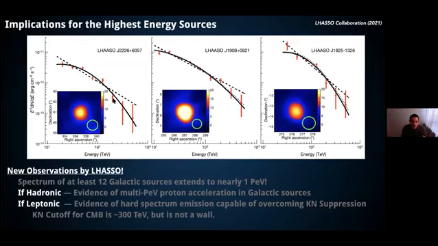So they now have 12 sources with fluxes above hundreds of TeV and a few pushing the PeV gamma ray bound. So if this is hadronic, this is now 10 PeV proton acceleration. If it's leptonic, it's again pushing the bounds of what we can do with cosmic ray electrons in a really exciting region.